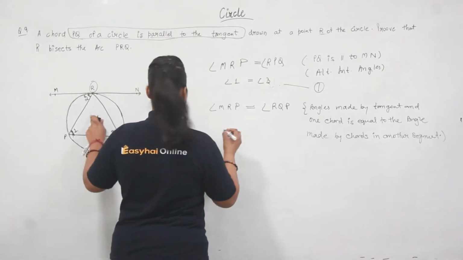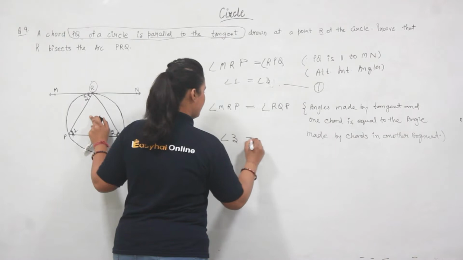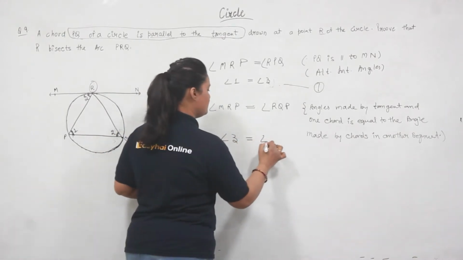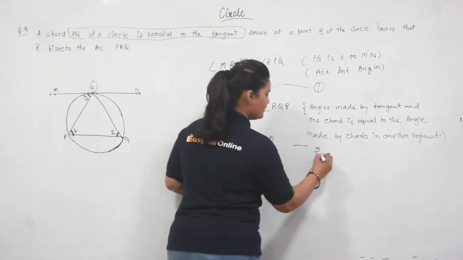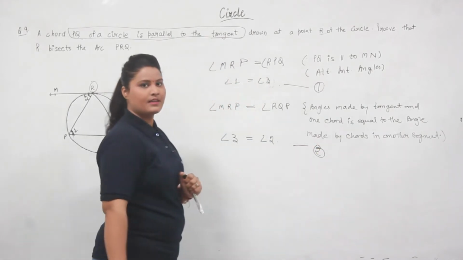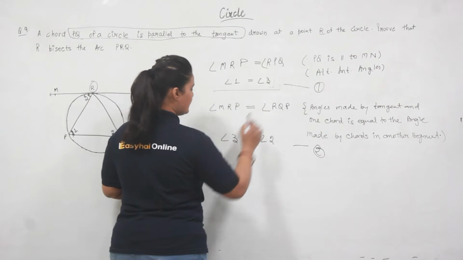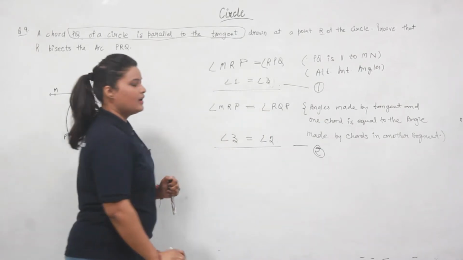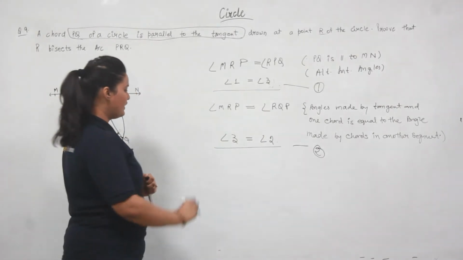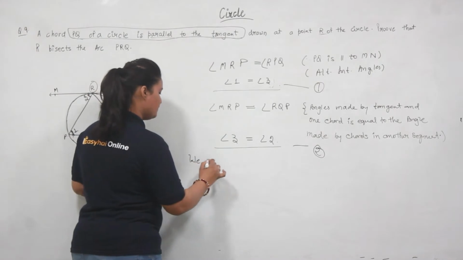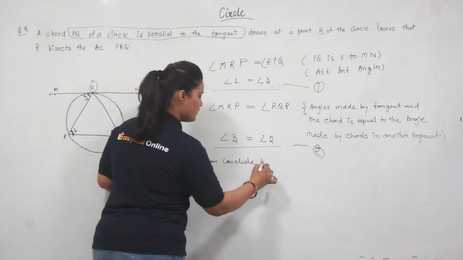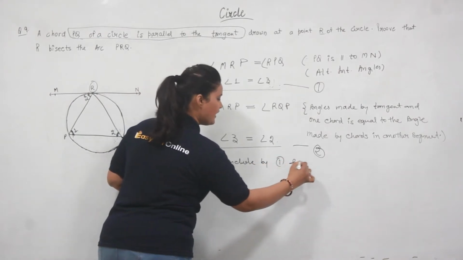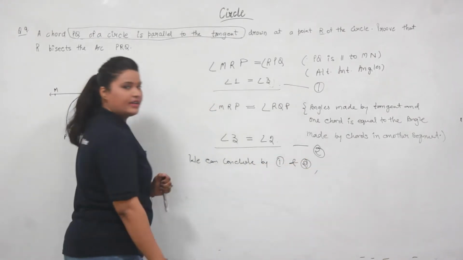Here I can write that angle 3 will be equal to angle 2. Okay, this is my second statement. Now by the first statement and by the second statement, what can we conclude? By equation 1 and 2, what can we conclude?